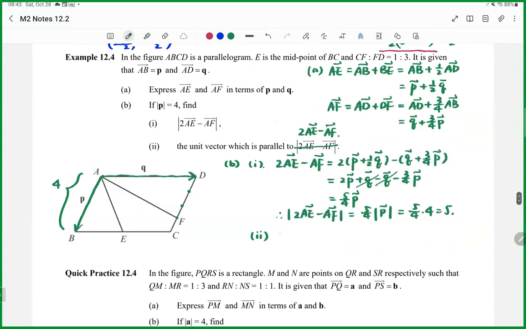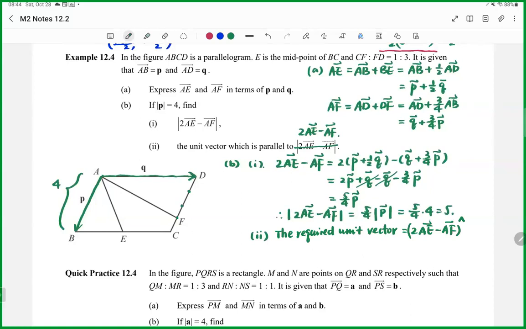So the required unit vector, which is equal to 2AE minus AF. Now here I will use this symbol as the unit vector symbol. You don't have to write it. It's not in the textbook, but it's in other textbooks.